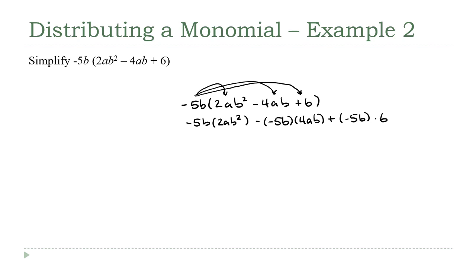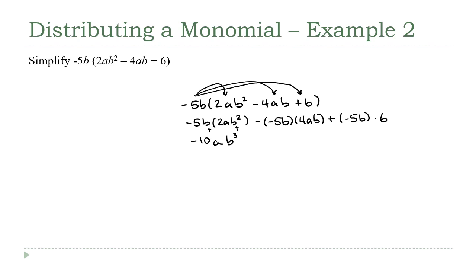Right, so now the distributive part is done, but I still need to simplify some of these individual terms. With this first one, negative 5 times 2 is negative 10. We still have that a, and I've got a b and a b squared here. If I multiply those together, that's going to be b to the third.